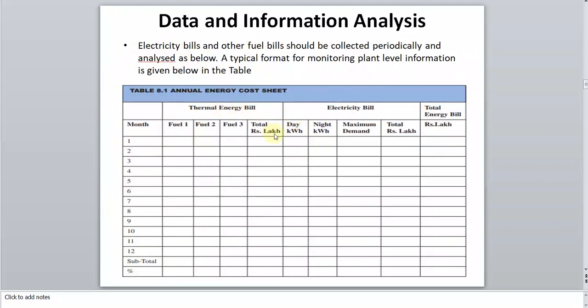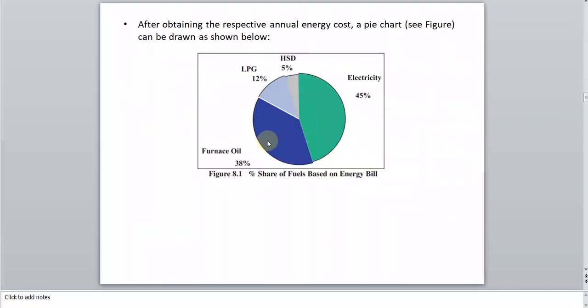After that we have seen data and information analysis, in which we can collect the data of different energies consumed, like thermal or electrical, etc., and distribution of that energy. And after that we have distributed the energy consumption in percentage.